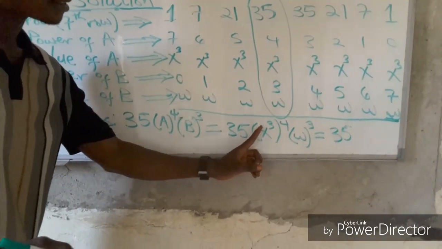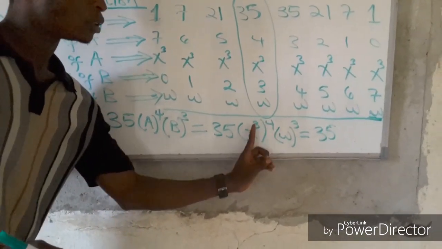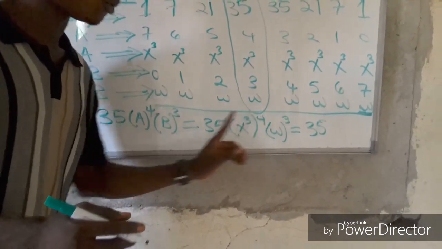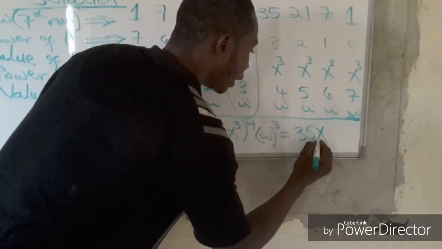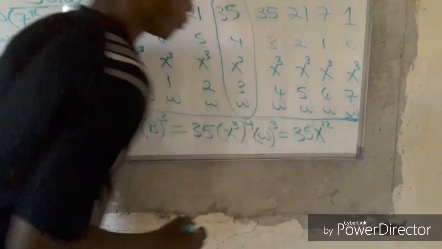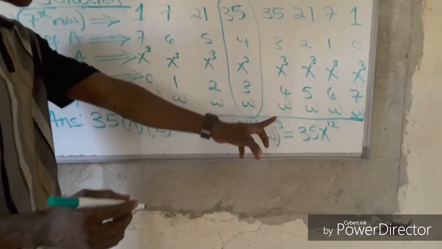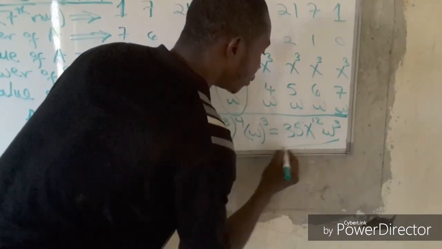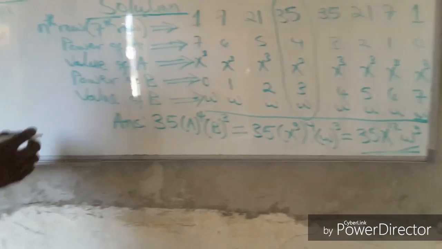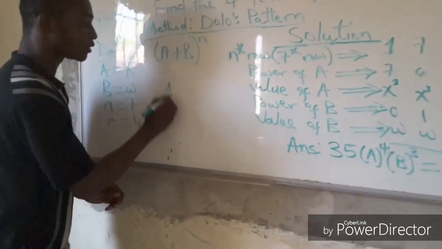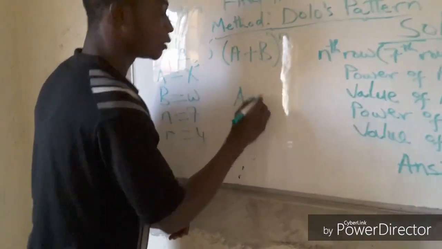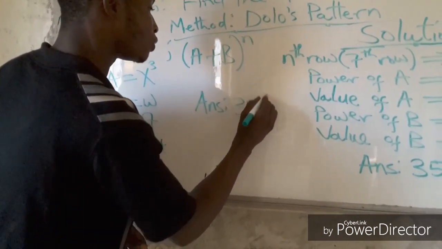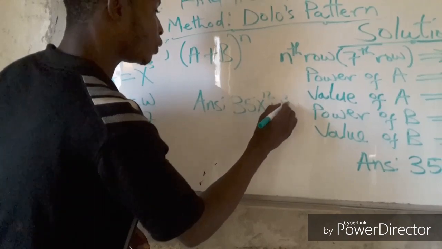Now, x cubed, you multiply the power using the power rule. 3 times 4 up here will give you x to the 12th power and w to the 3rd power. This is our final answer. You can see here, our answer finally is 35 x to the 12th power w cubed.